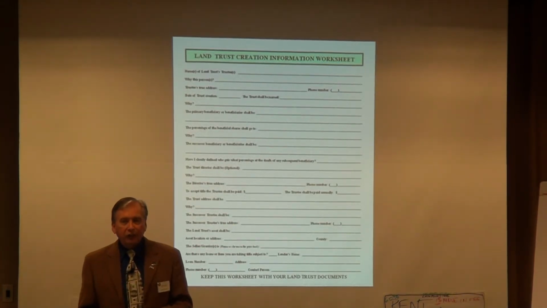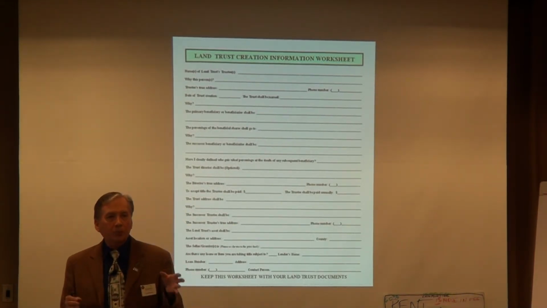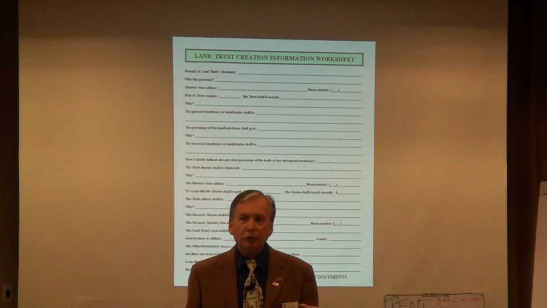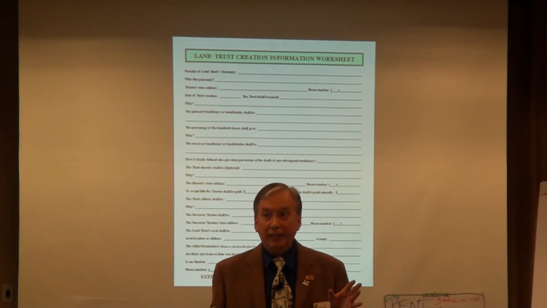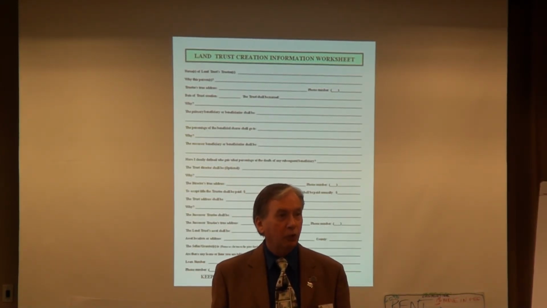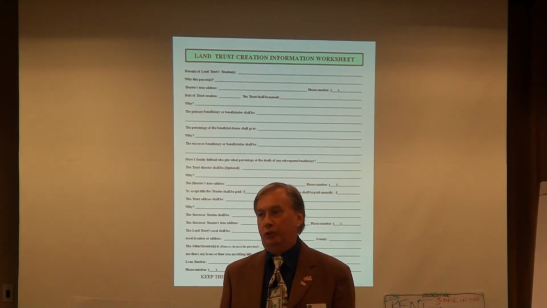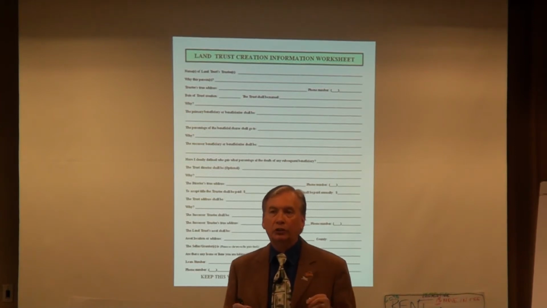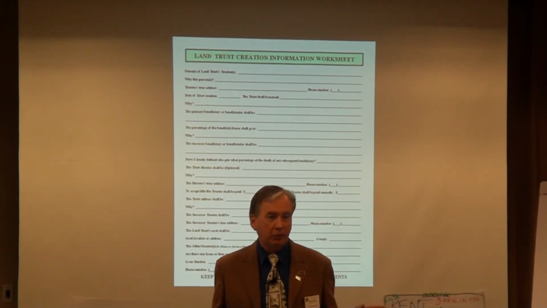So here's how the system is designed, and this will play into our next segment of training. The system is designed with the end in mind. The system is designed with the information worksheet as the first thing that you do. You will fill out the information worksheet. We will use that information to fill out all your trust documents.